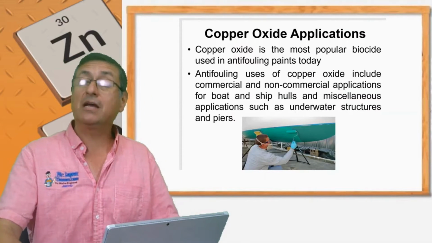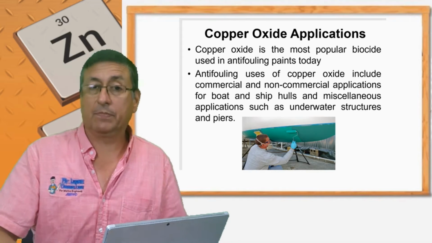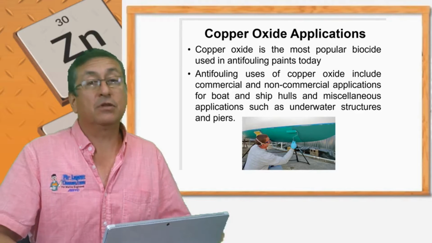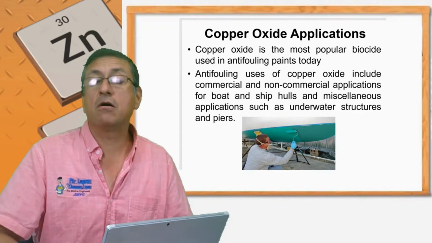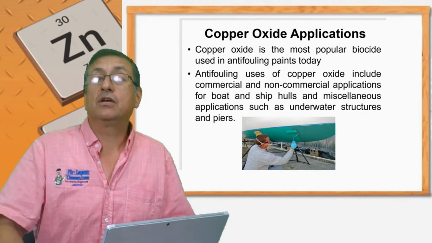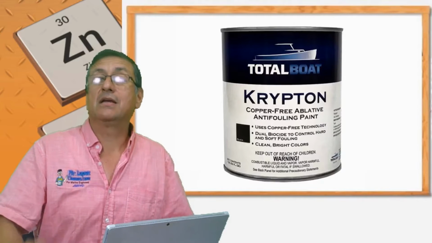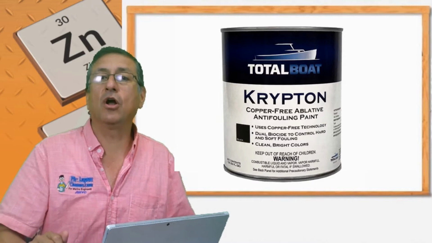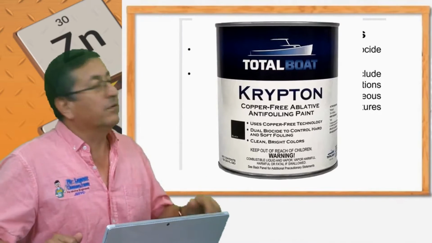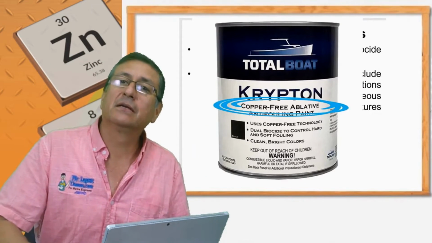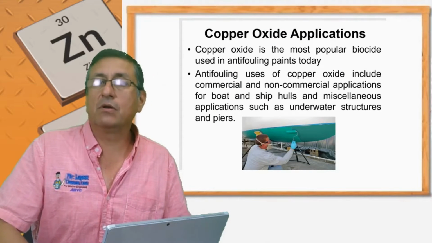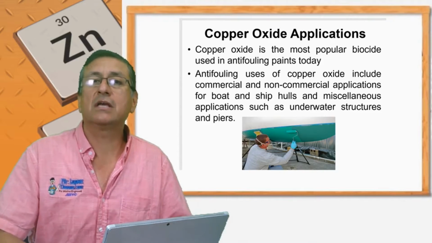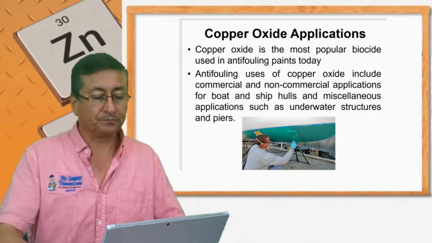For that reason, you need to be careful when you select the gallon of bottom paint. If your boat is aluminum, you need a bottom paint not based on copper oxide, special for aluminum hulls, right? The regular bottom paint based on copper oxide is normally used in fiberglass boats.